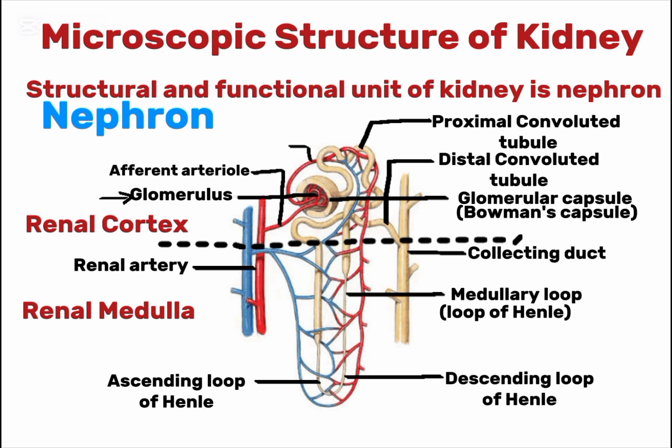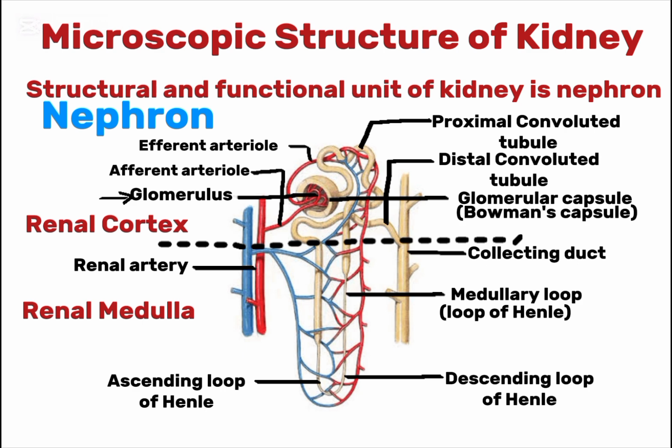The blood vessel that leaves the glomerulus is now called efferent arteriole. Afferent arteriole has larger diameter as compared to efferent arteriole. That increases the pressure inside the glomerulus and drives filtration across the glomerular capillary walls.